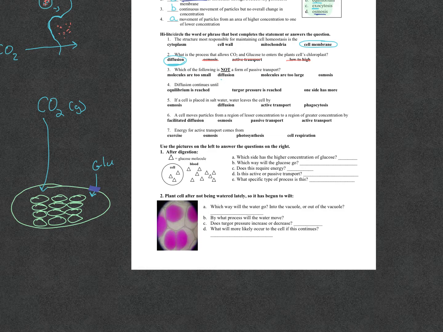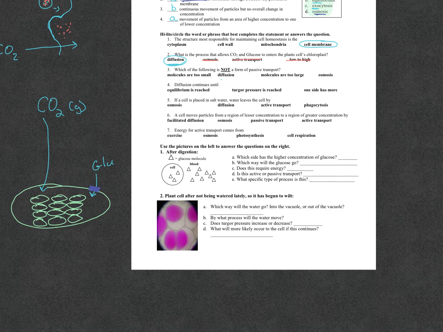Which of the following is not a form of passive transport? Molecules are too small. Diffusion certainly is passive transport, meaning it's passive, not active, meaning you're not using ATP. Molecules are too large. Yeah, molecules that are too large do need active transport, so that's not going to be passive. So certainly this is something I'd like to think about.